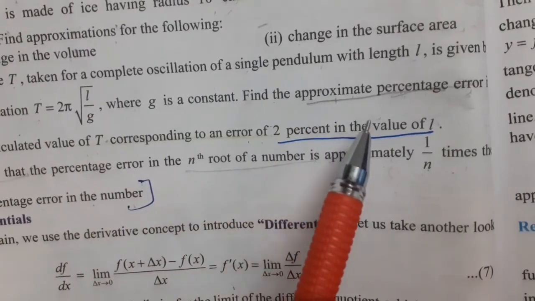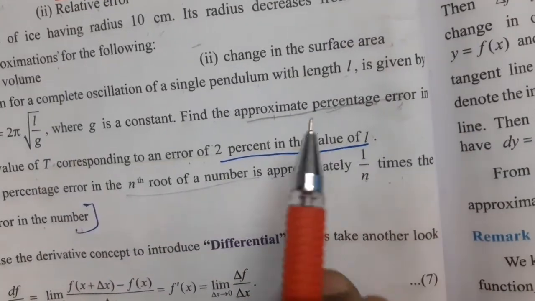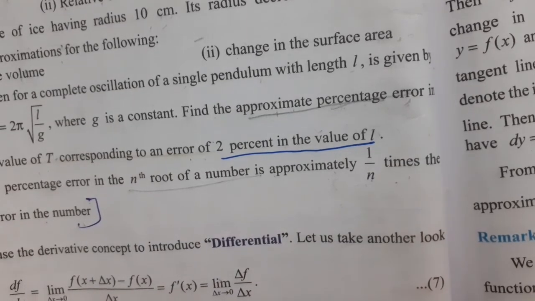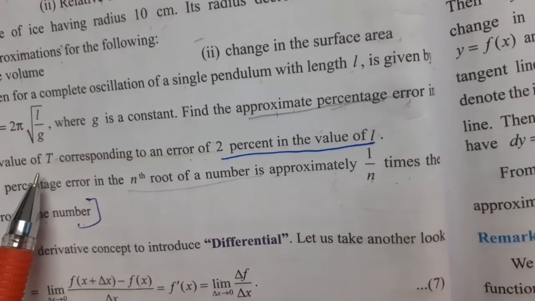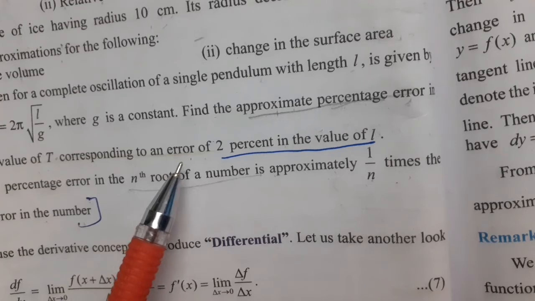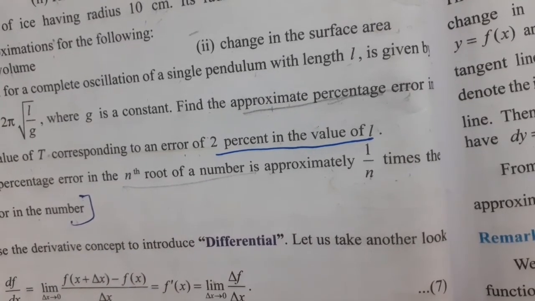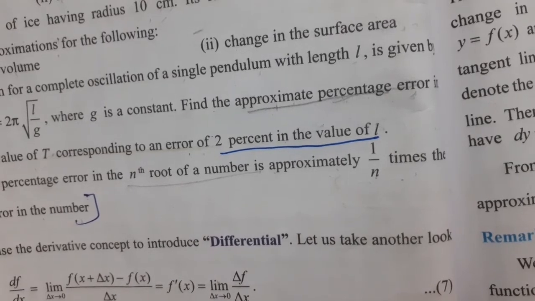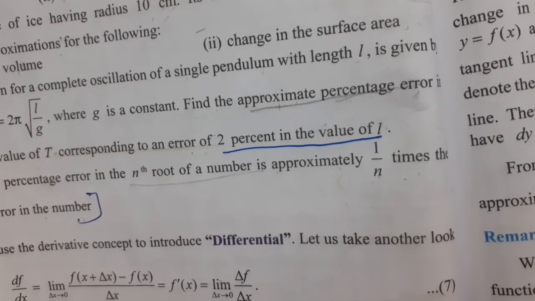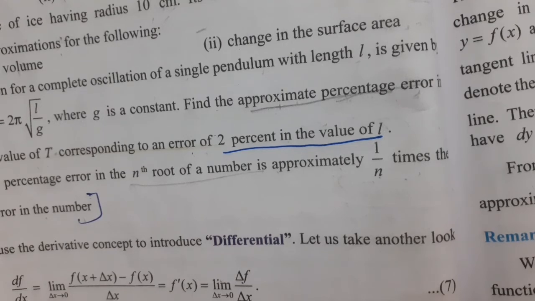Find the approximate percentage error in the calculated value of t corresponding to an error of 2% in the value of L. So we are going to find the approximate percentage error for calculating the value of t.